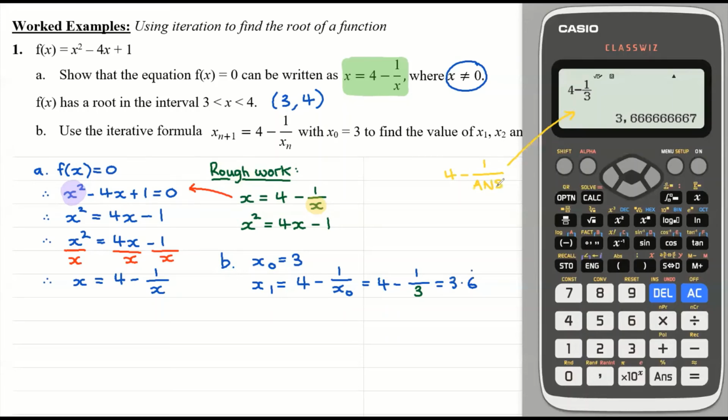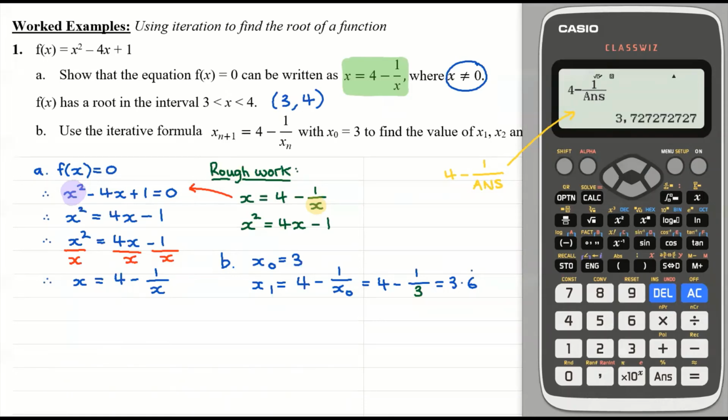And that will give us our iterative formula. So let's do that now. So 4 subtract 1 over, and then press the answer key, just come out of that. So we've set that formula up. Now if we press equals, this will generate the next term, which is going to be x2.